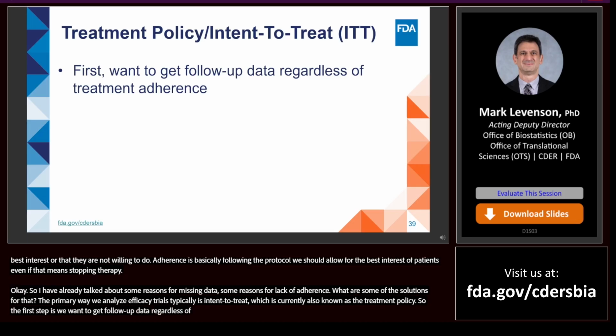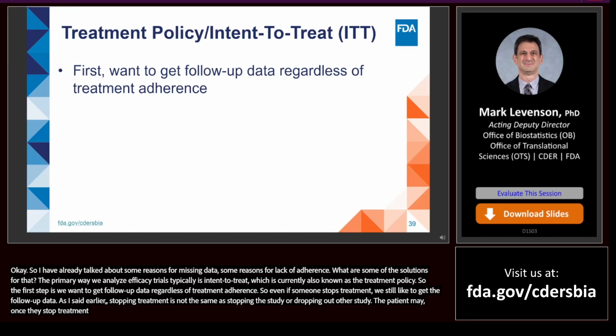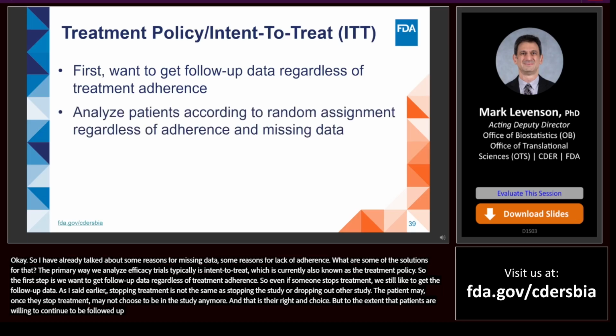So as I said earlier, stopping treatment is not the same as stopping the study or dropping out of the study. The patient, once they stop treatment, may not choose to be in the study anymore, and that's their right and choice. But to the extent that patients are willing to continue to be followed up, even if they're not getting treatment, has an advantage, because we can see what happens to these patients. So we analyze patients according to their random assignment, regardless of adherence and missing data.